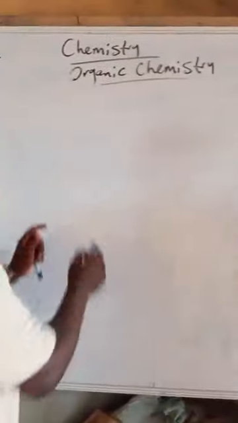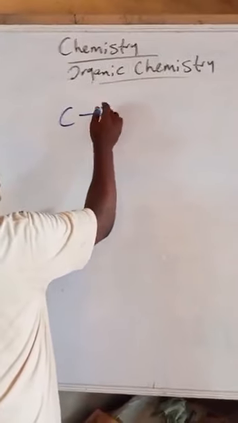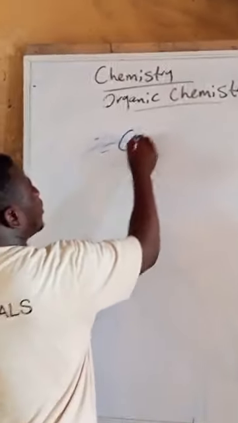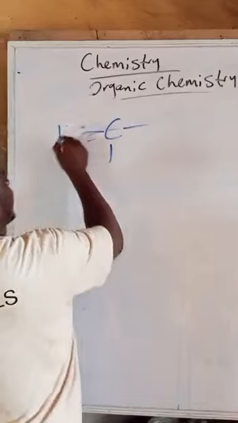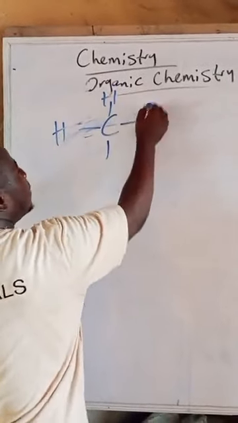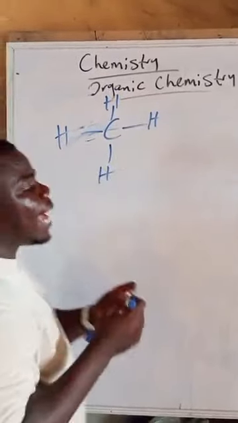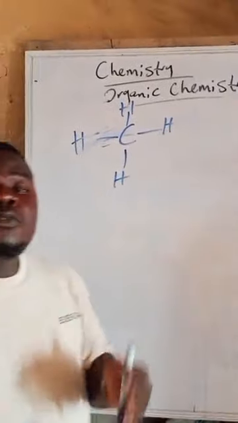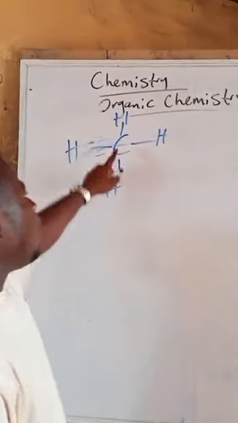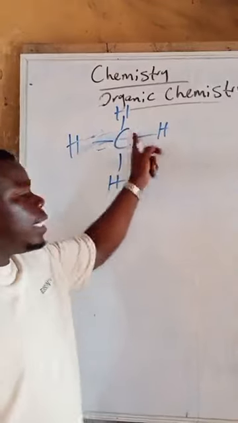So what I'm trying to explain is this. All alkanes, this is a methane, and methane is a member of the alkane family. Now, if you see a question that says, what is the sigma bond that is here?